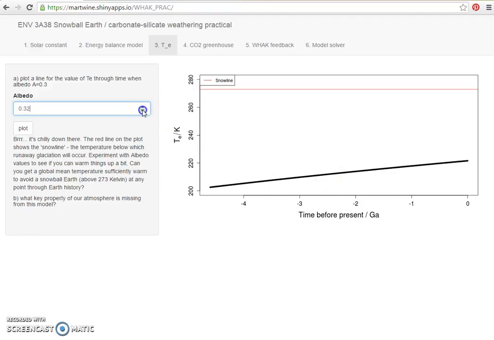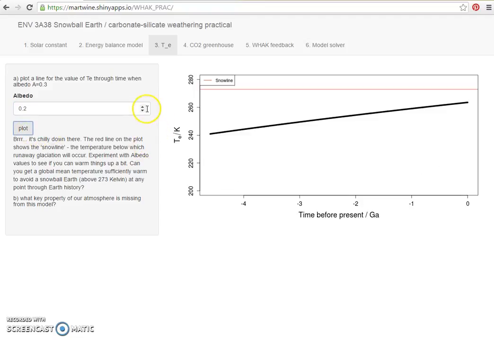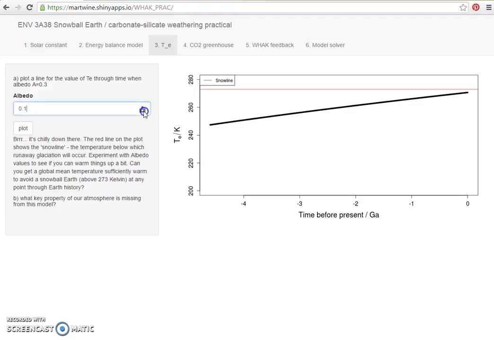So let's ramp the albedo down. Let's bring it down to, say, 0.25, 0.2. So even at 0.2, we haven't managed to get a warm enough temperature at any point through Earth history. Go to 0.1, maybe that will make a difference. Oh, that's 0.11. So we're still below freezing throughout Earth history.